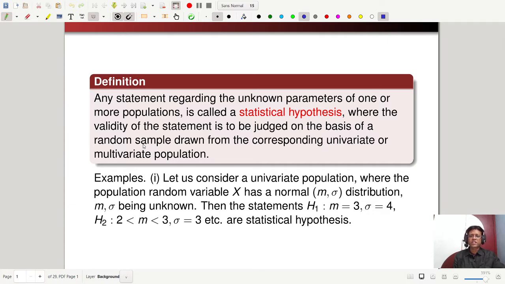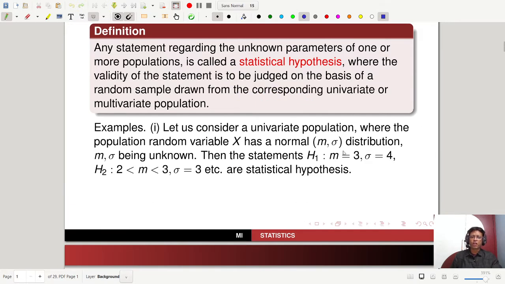So let us consider a univariate population where the population random variable X has a normal (m, sigma) distribution, m and sigma being unknown. Then the statements H1 such that m equal to 3, sigma equal to 4, and H2, another statement, which gives m lies between 2 and 3 and sigma equal to 3, etc., are statistical hypotheses.